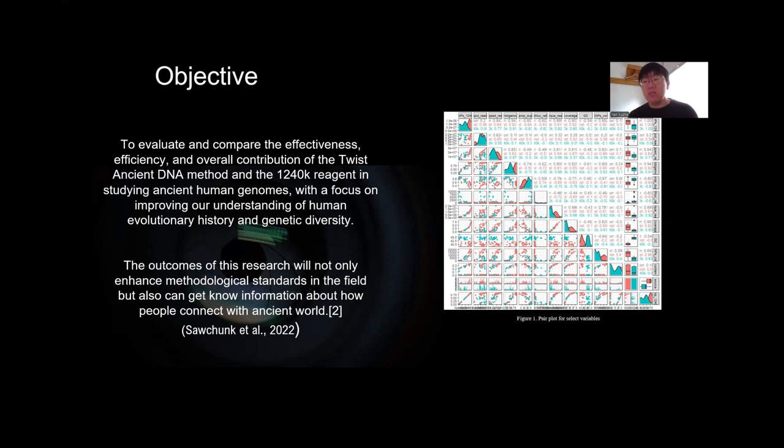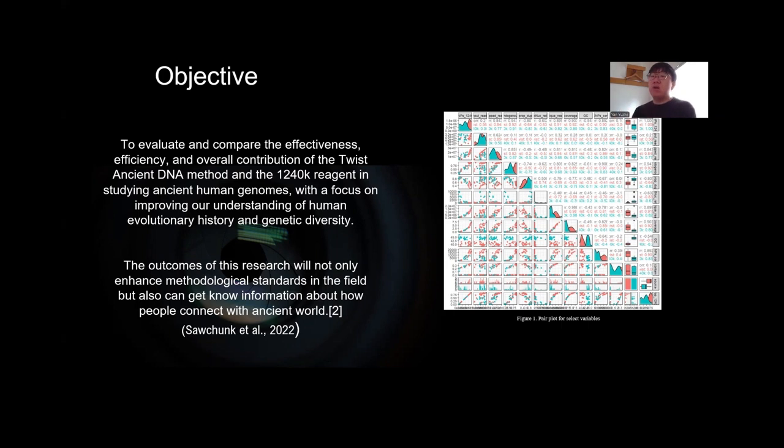The significance for human evolution studies is that by comparing those two methodologies, our research will contribute to optimizing ancient DNA analysis protocols and enabling more accurate reconstruction of human evolutionary histories. We know where we're from, what we got.